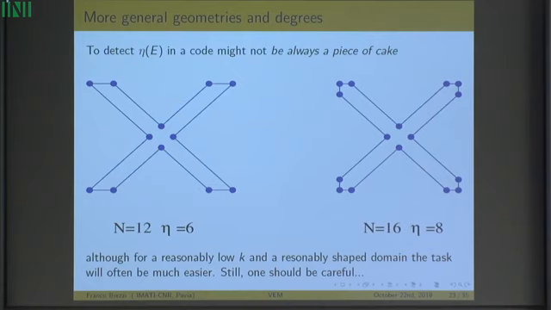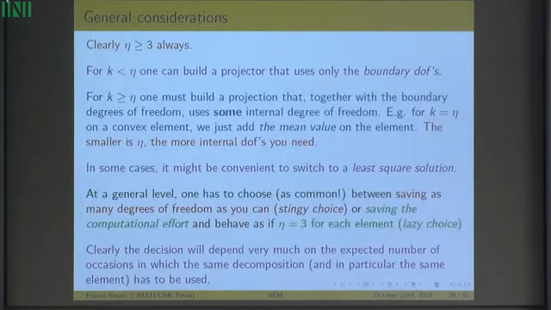So what to do? Well, essentially, I go one step back. If eta is bigger than k, then you can use a projector that uses only the boundary values.